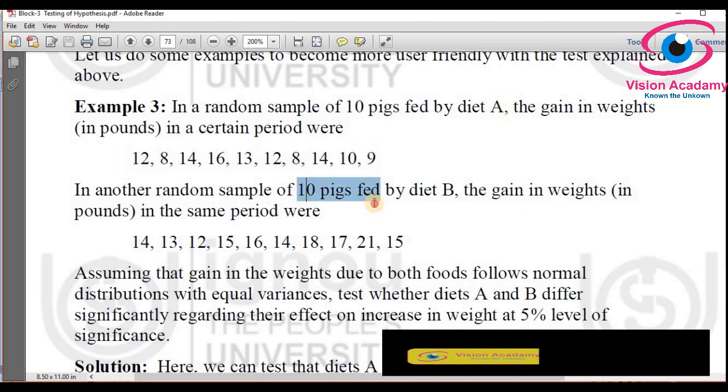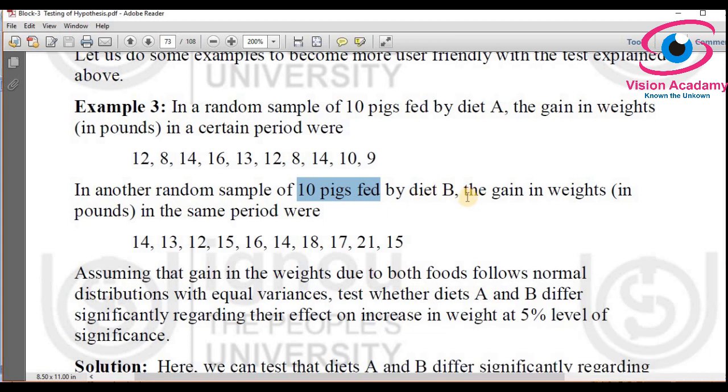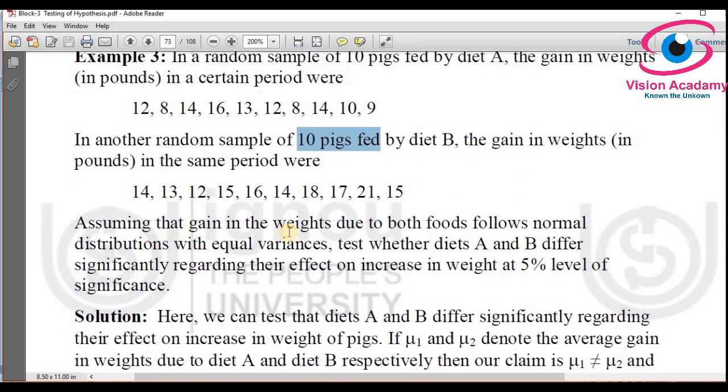Another 10 pigs are fed diet B. They are assuming that the gains in weight due to both foods are normally distributed. The first assumption is completed. For these two types of diet food, we have to test whether A and B differ significantly regarding their increase in weight at the 5% level of significance.